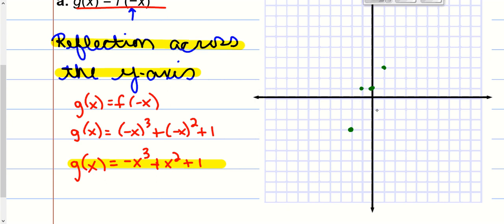All right, so our graph here goes up just a little bit and then comes back down and goes up through there.